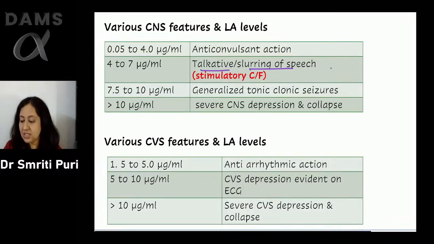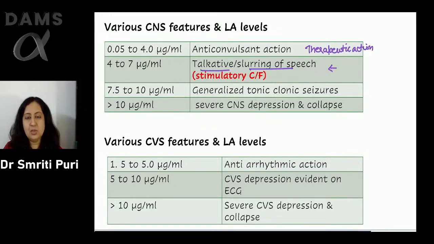So this is when toxicity is starting. 7.5 to 10 microgram per ml, there is generalized tonic-clonic seizures. More than 10 microgram per ml is severe CNS depression and collapse. Patient has collapsed also at 10 microgram per ml.